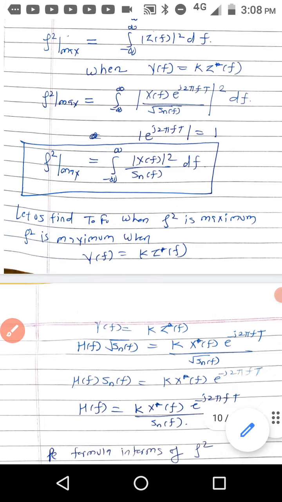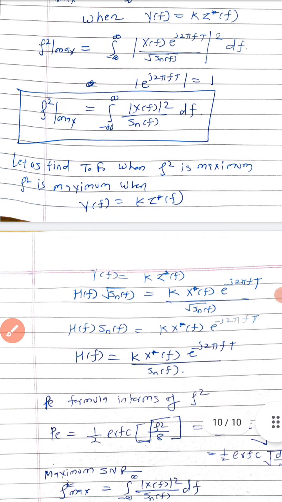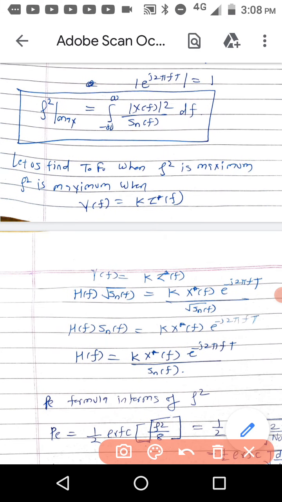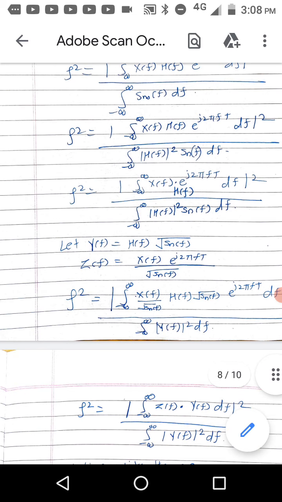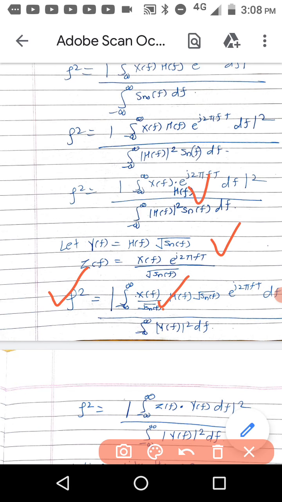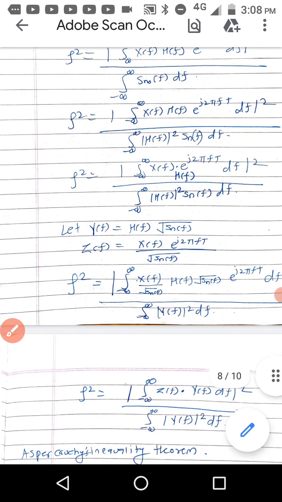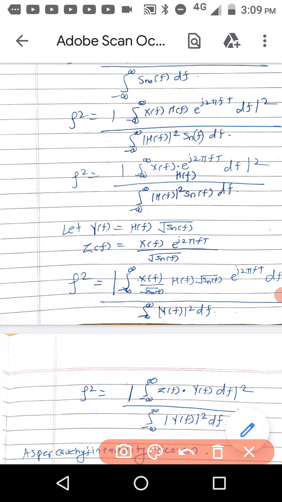So when you get this ρ square as maximum, then Y(f) is equal to k z star f. So let us write Y(f) is this one, k z star is X star f e raised to minus j2πft divided by square root of S_n(f). These values are there here. So z star f is nothing but X star f into e raised to minus j2πft.